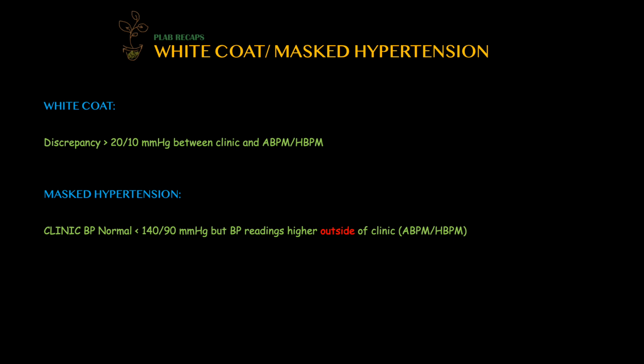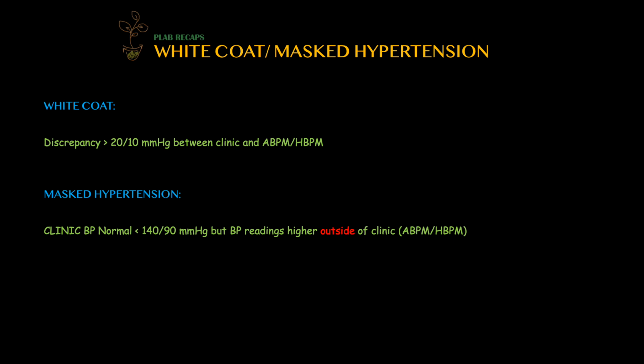So you arrange for an ambulatory or home blood pressure monitoring, and it is found that the readings are normal there. A difference of more than 20 systolic or 10 diastolic helps confirm this. This basically means that for whatever reason, when your patient came into your clinic, something made him or her anxious, which caused a shoot in his or her blood pressures.